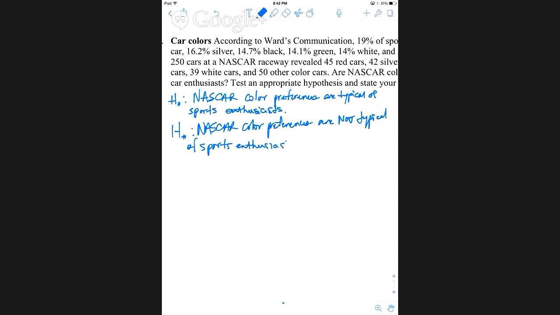Again, the null for goodness of fit is always that they do fit, that they are the same, that they are typical, and the alternative hypothesis is always that they are not. Okay, so now let's look at our assumptions and conditions.